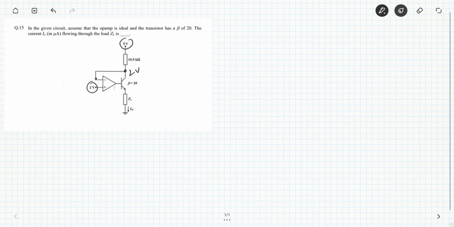Now here is 5 volts, here is 2 volts, so some current will be flowing in this direction, and by the basic equations of the BJT, we can find the relation between the collector current and the emitter current, which we are supposed to actually find.